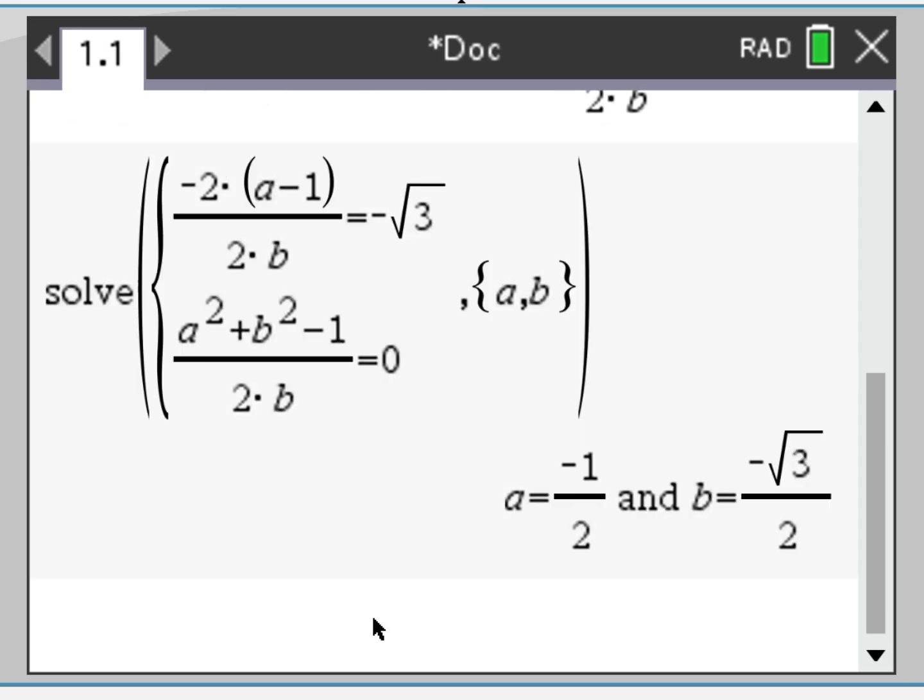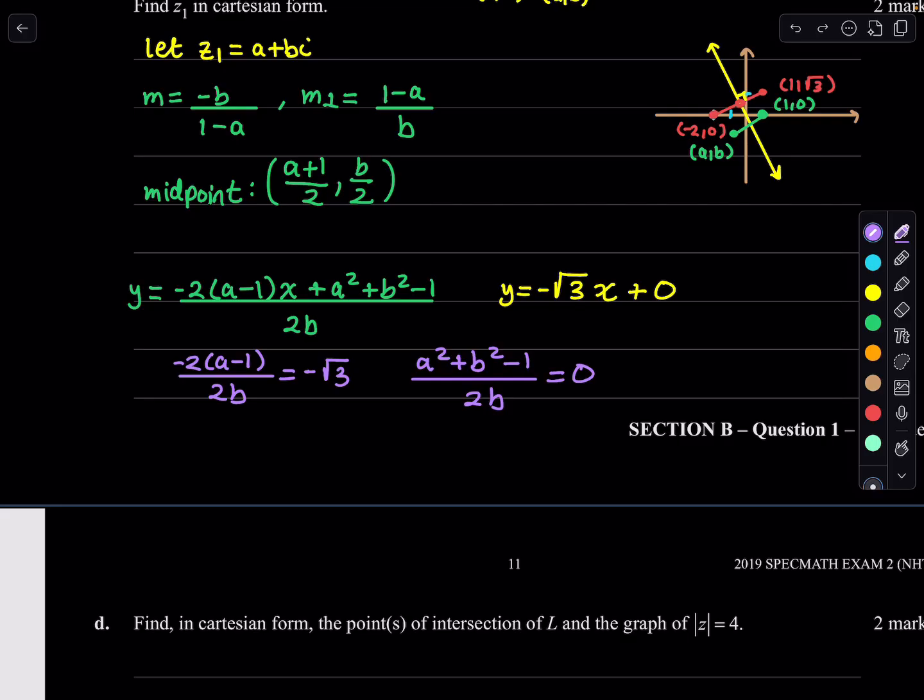Enter, and these are our values of a and b. Beautiful. Let's write those down. So your z1, our a value is negative 1 over 2, and our b value is negative root 3 on 2i. Beautiful. This is our answer. Not a bad question. Really easy.